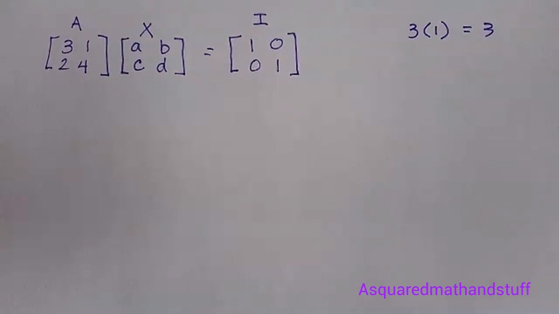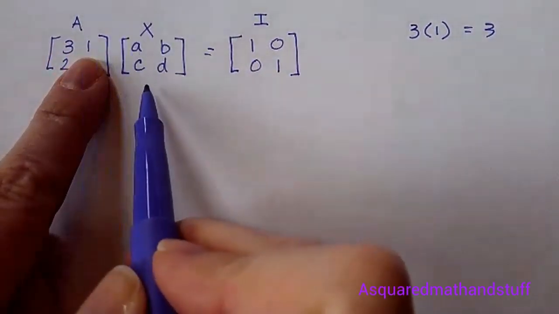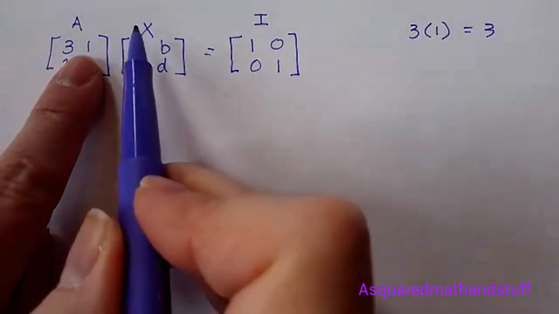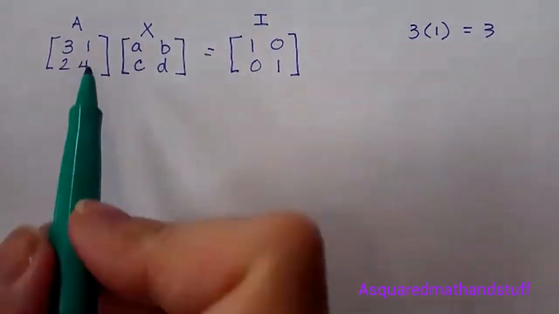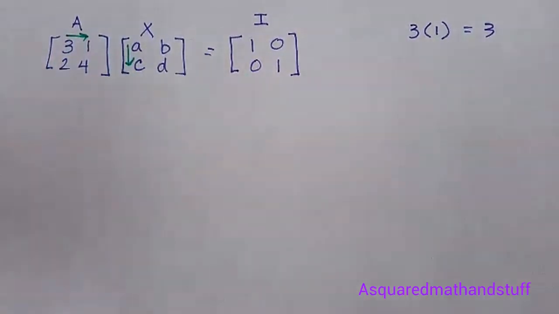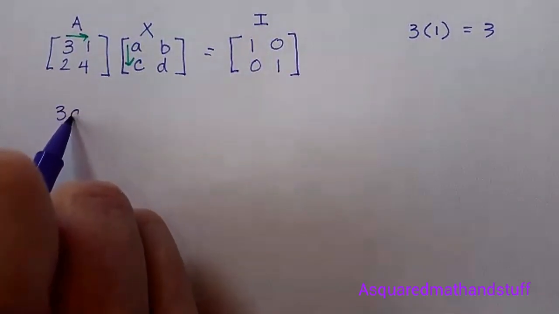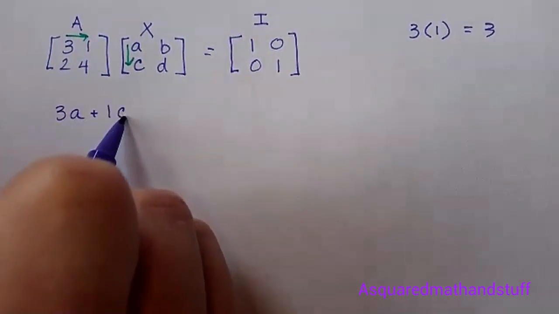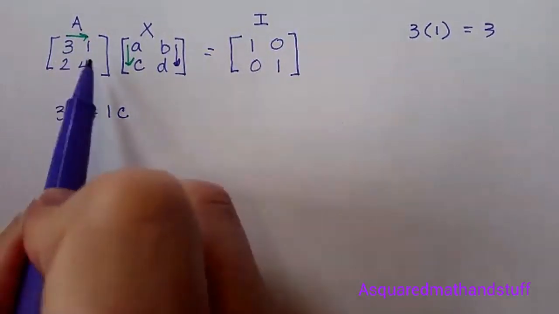Following the rules of multiplication, we need to multiply across a row and down a column and add those products together. So across row 1, down column 1, we end up with 3a plus 1c. And now let's go down column 2.